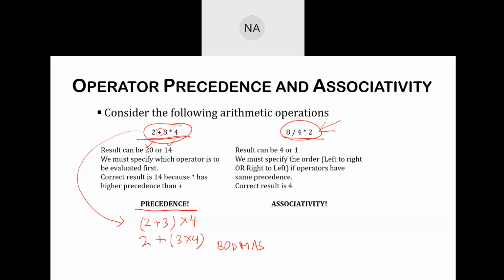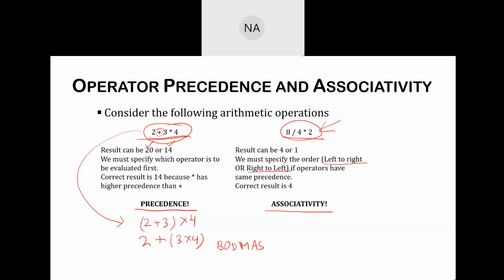In this situation we need associativity rules. If two or more operators are at the same precedence level, then they are evaluated according to their associativity rules. In the associativity rules, the order is specified as either left to right or right to left.